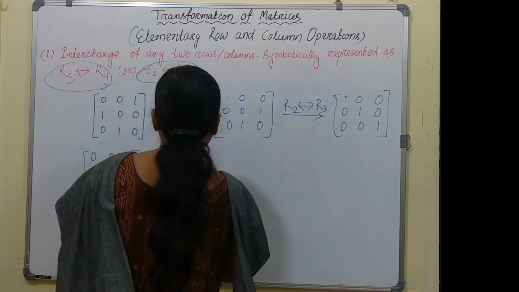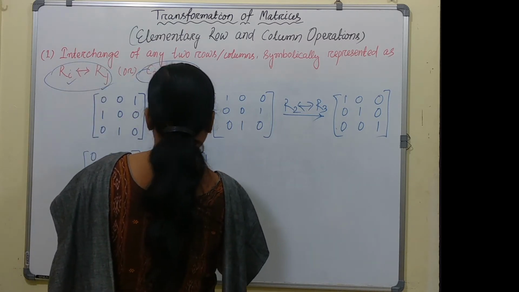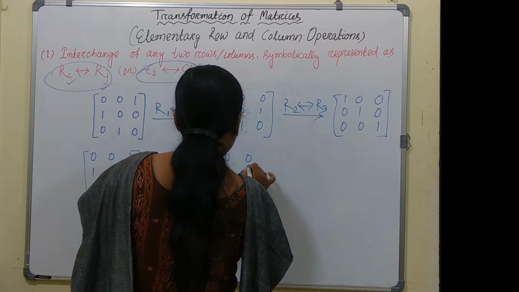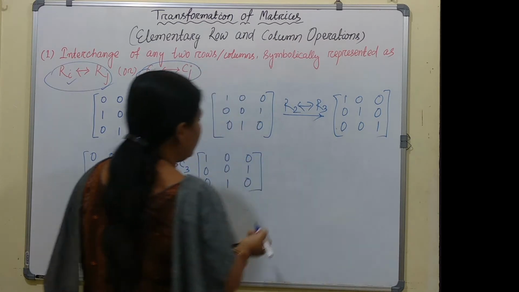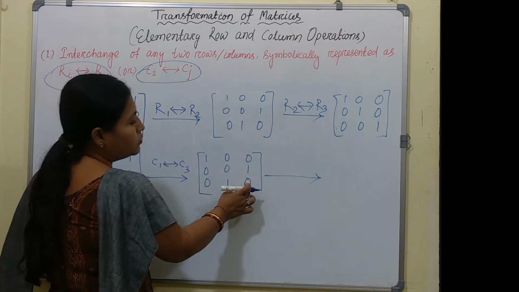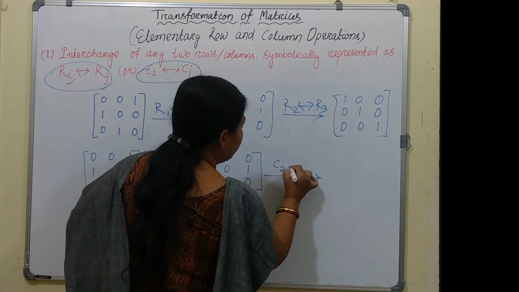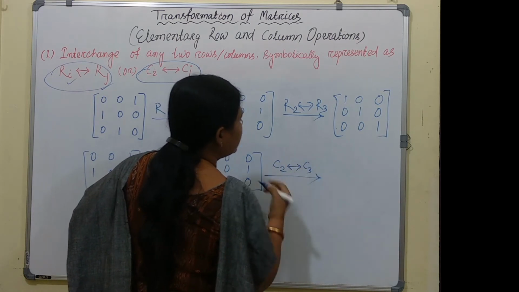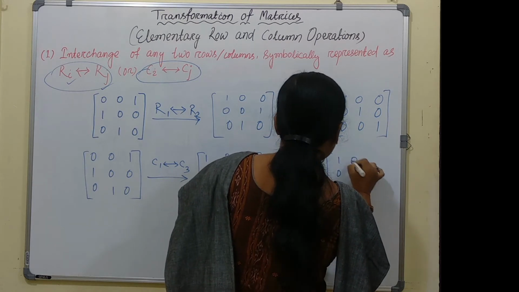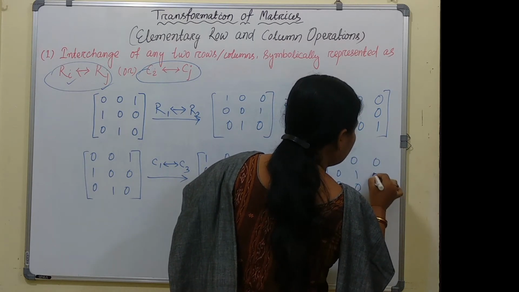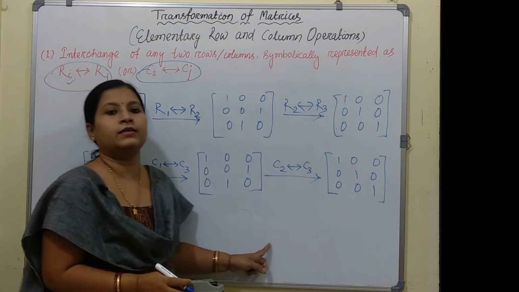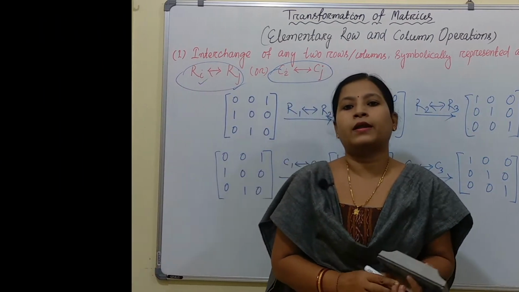So now we get 1 0 0, 0 0 1, 0 1 0. Now interchange column 2 with column 3. So here we get 1 0 0, 0 1 0, 0 0 1. Now we get our required matrix, that is the unit matrix.